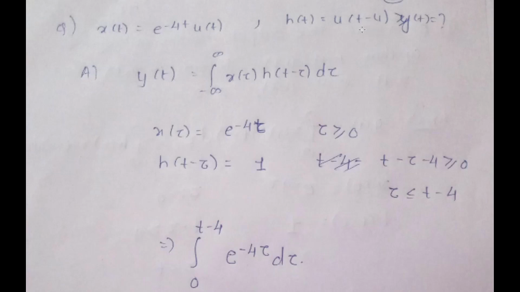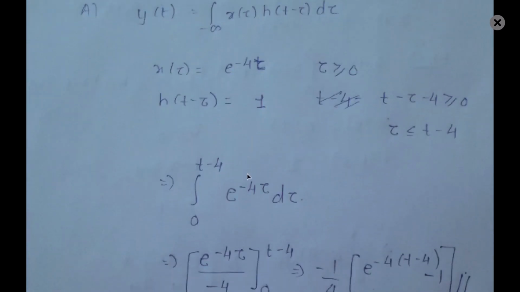Now the step signal u of t is applicable for t greater than or equal to 0. But since my value here is t minus 4, hence I have t minus 4 greater than or equal to 0. Now my t is indicated by t minus tau. Hence I have t minus tau minus 4 greater than or equal to 0. Therefore my tau is smaller than or equal to t minus 4.